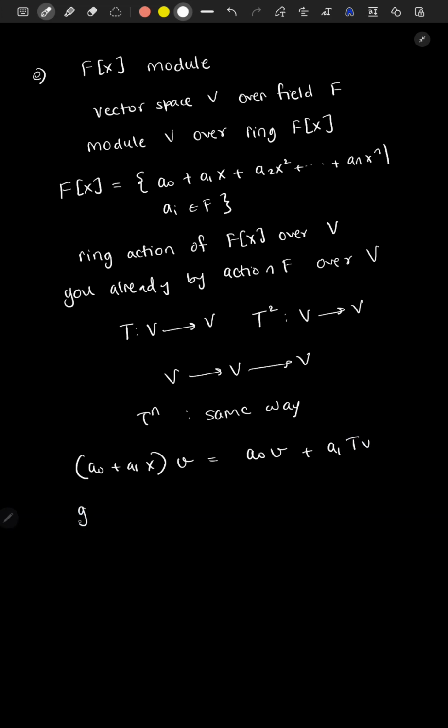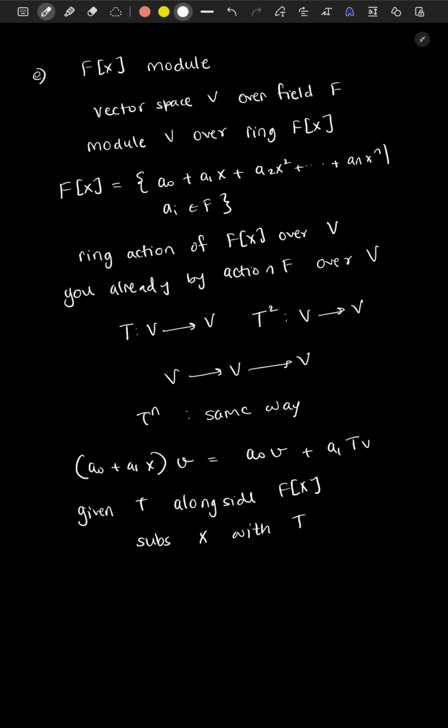So given T, alongside F[x], you substitute x with T. In this way we can define an action of the ring F[x] over the group V, which will be a module.